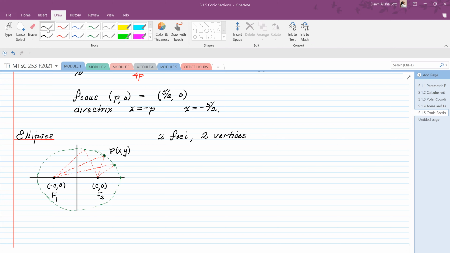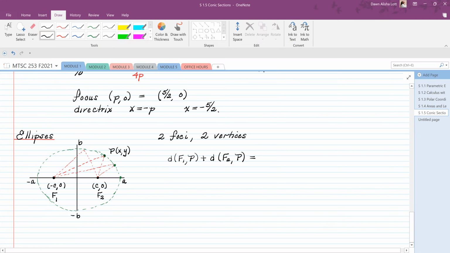I need the distance between F1 and P plus the distance between F2 and P. I'm going to call this point A and this negative A, and this point B and this negative B. These are now going to be my vertices.